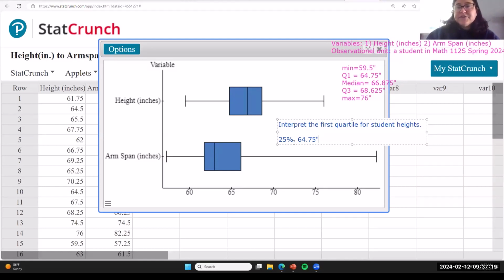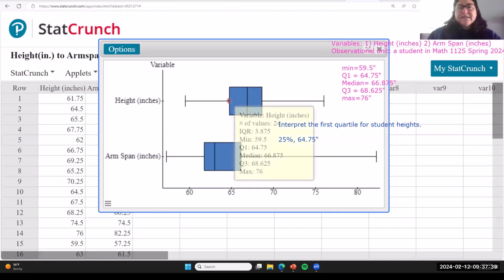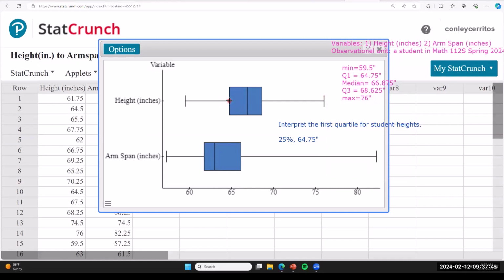And we just need to understand that what that percentage refers to is how many students are in this region right here. So here's the first quartile standing right there on the lower end of the box in the box plot. And we know that 25% is which direction? Is it to the left or to the right? Isn't it to the left?